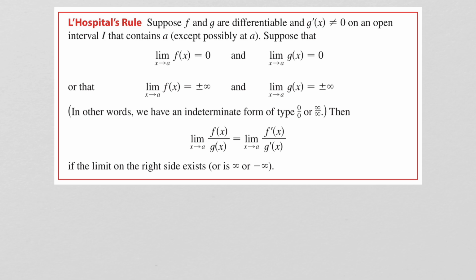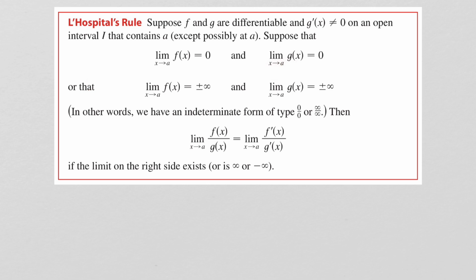L'Hopital's rule says, suppose f and g are differentiable, and g of x is not equal to 0 on an open interval that contains a, except possibly at a itself. Suppose that the limit as x approaches a of f of x is 0, and the limit as x approaches a of g of x is 0.